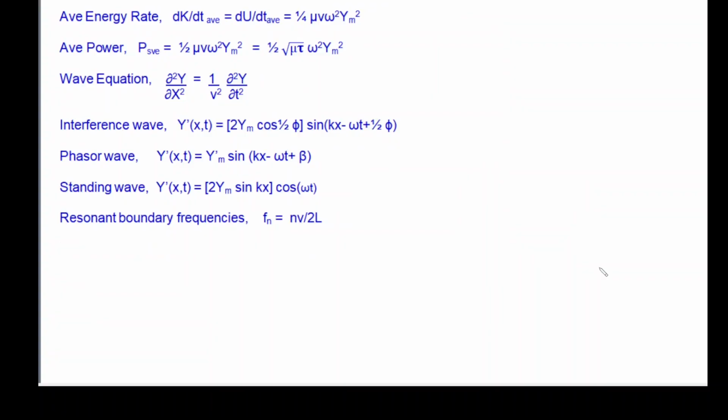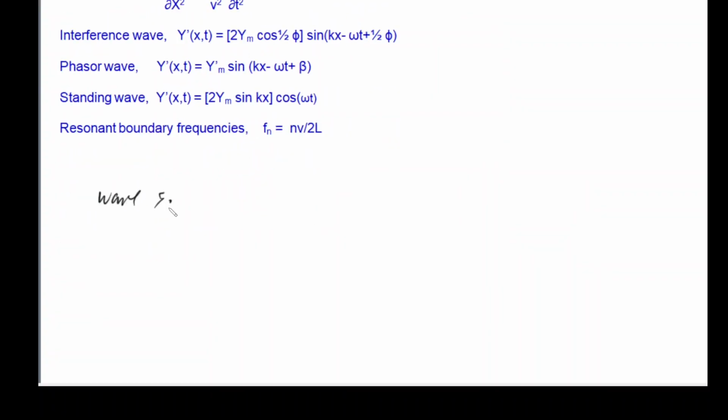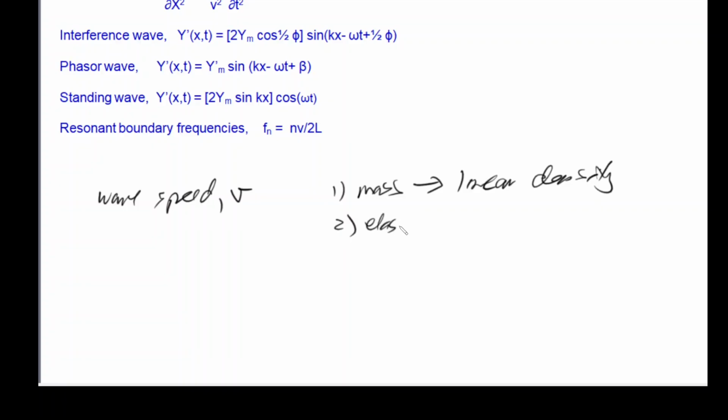Now we're going to look at wave speed v on a string. And a string has to be taut or have some tension in it for a wave to propagate. So one thing we'll find is that v depends on the mass of the string, or linear density, which is mass per length, and it also depends on the elasticity of the string, or the tension in the string.